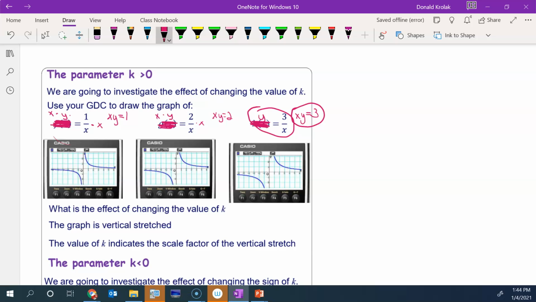So when you have a reciprocal function, if you pick a point on this graph and you take the x coordinate times the y coordinate, what's it going to equal on this first graph? What's the product of the x and the y coordinates going to be? 1. If I pick any point on this one, for example, that point's 2, 1. When I take 2 times 1, I get 2.